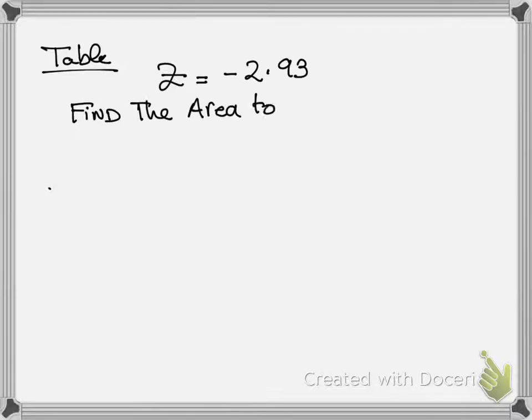So let's say z is -2.93, and you want to find the area to the left. Okay, this is important. Again, it's to the left of -2.93.